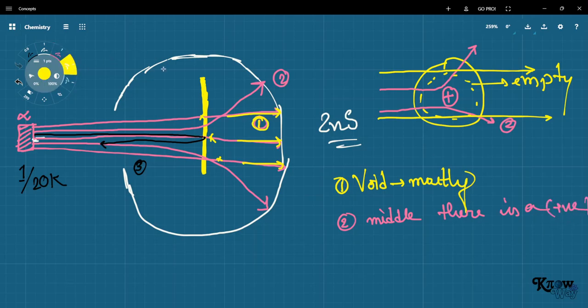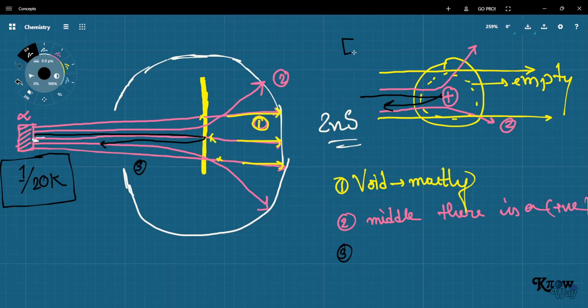And what was his third conclusion? The third conclusion was very great. 1 out of 20k chances is that the particle you throw will get back, right back at 180 degrees.